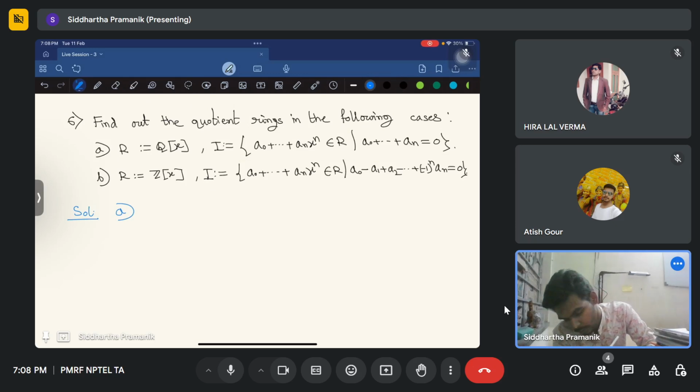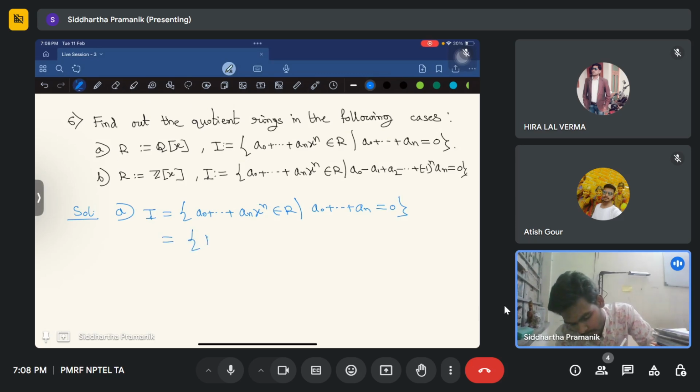Okay, what is I in the first case? So it is the set of all polynomials such that the sum of the coefficients is 0. So can you write it in another way?